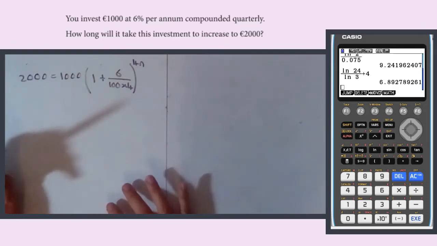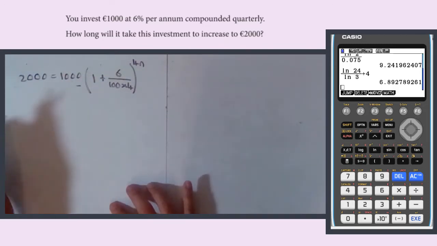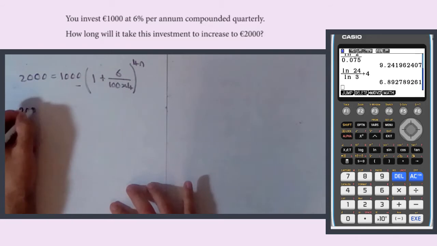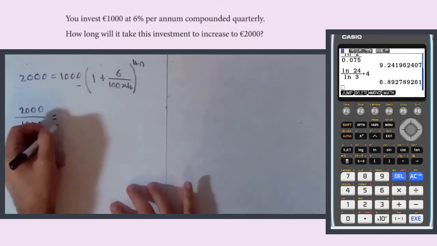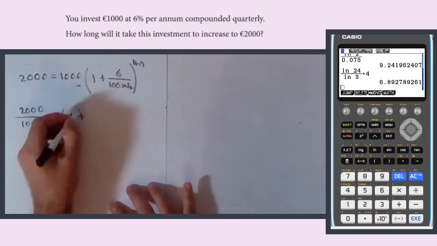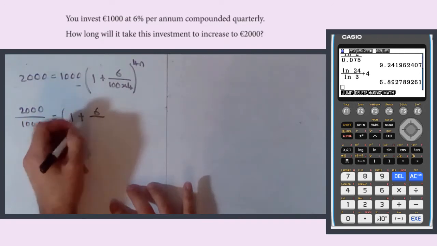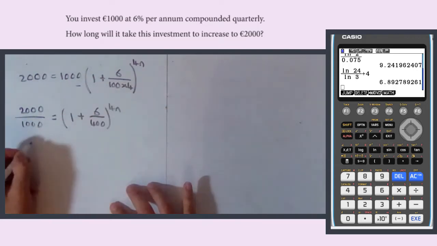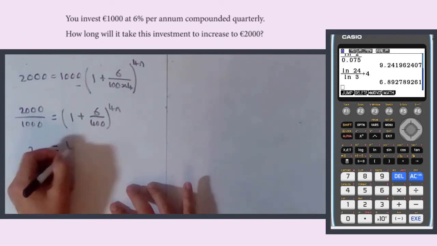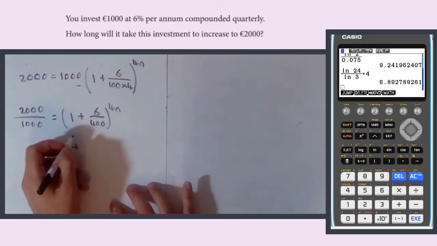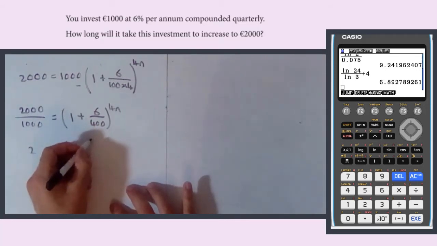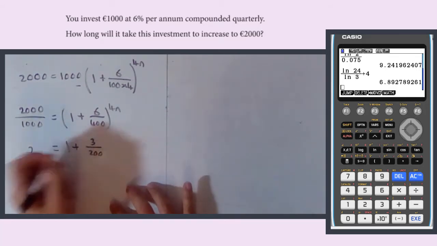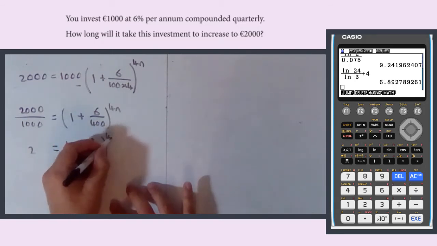So if we do as much as we can, certainly divide through by 1,000. So 2,000 over 1,000 equals 1 plus 6 over 400 to the 4n, so that would be 2 equals 1 plus 6 over 400, I could call that 3 over 200, to the power 4n.